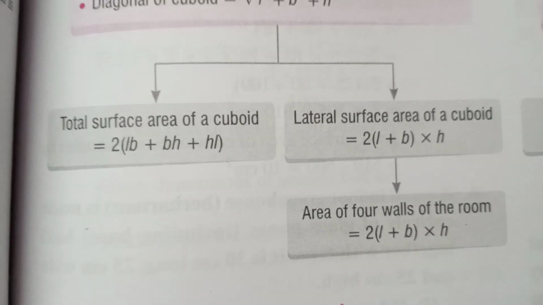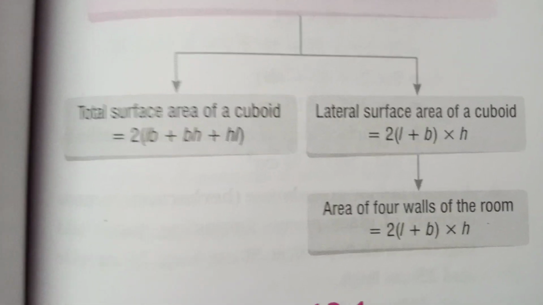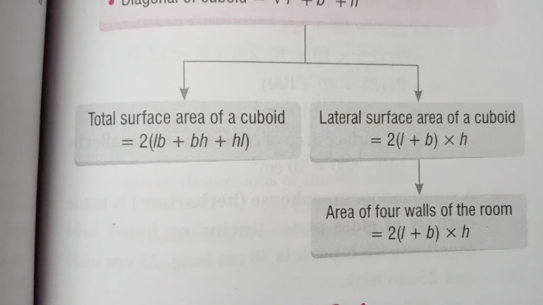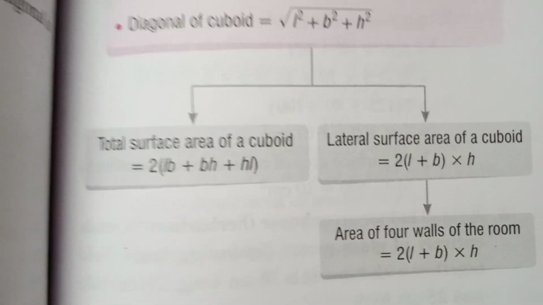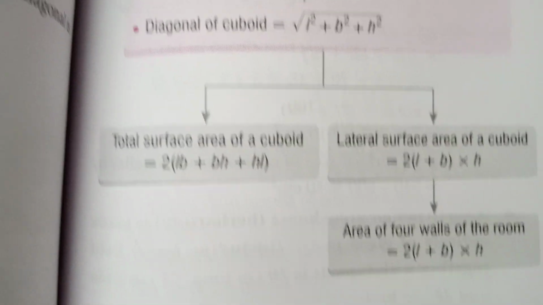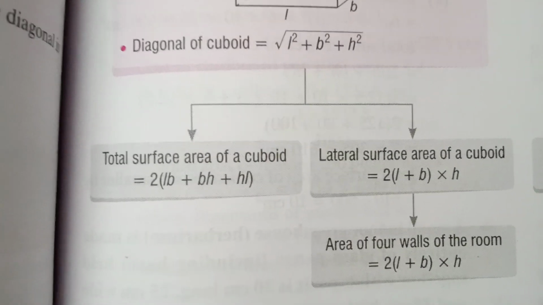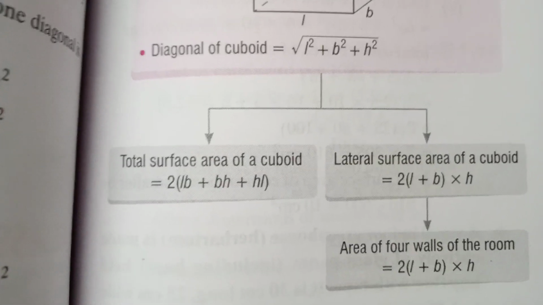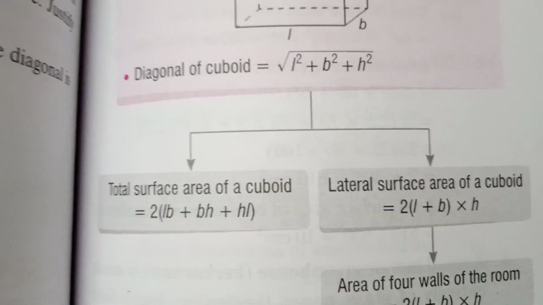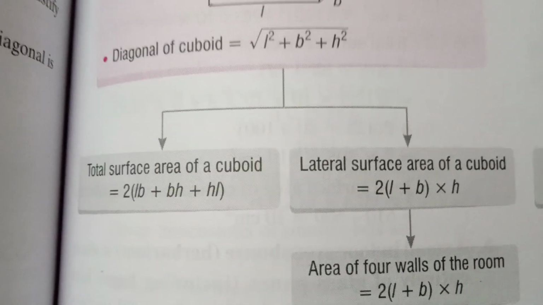Lateral surface area of a cuboid is 2H into (L plus B), or you can say 2 into (L plus B) into H, which is nothing but perimeter of the base into the height, and will give you the lateral surface area of the cuboid.